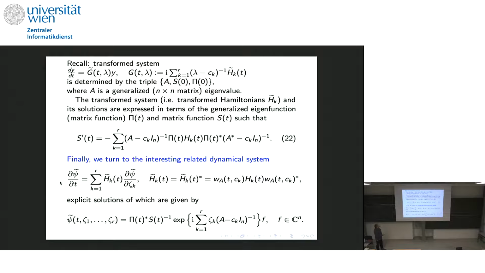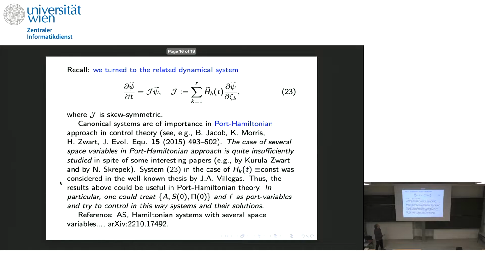And now a little bit more about this dynamical system. It can be written down in this form where J is Q-symmetric. And the system is of interest in the so-called Port-Hamiltonian theory. In the Port-Hamiltonian approach in control theory, Jacob, Morris, and Zwart, for instance, used canonical systems.